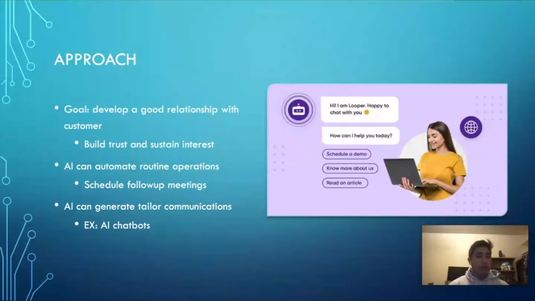The second step would be approach. The goal with approach would be to develop a good relationship with the customer, to build trust, and sustain interest. So AI can help this stage by automating certain routine operations, and this could be scheduling follow-up meetings and automating certain email responses and things like that.